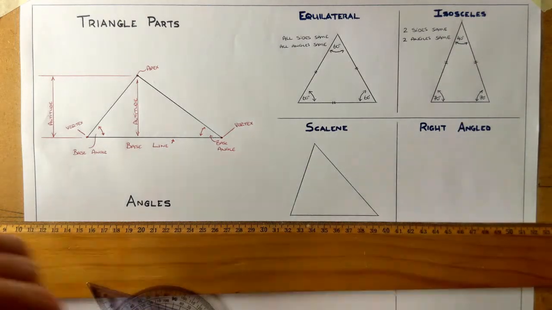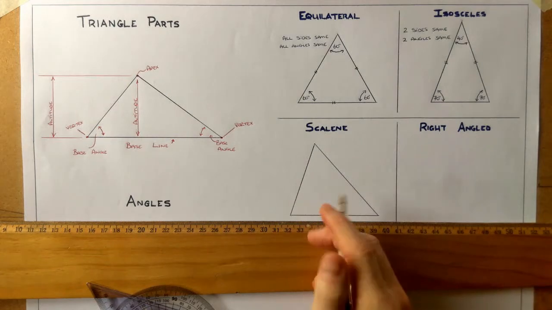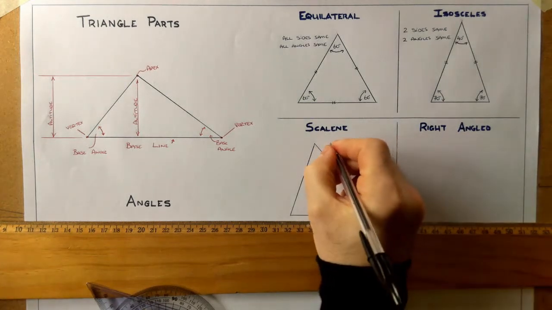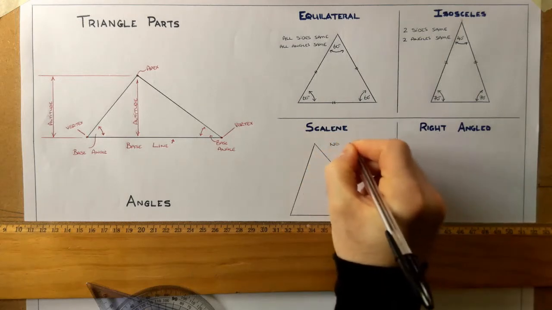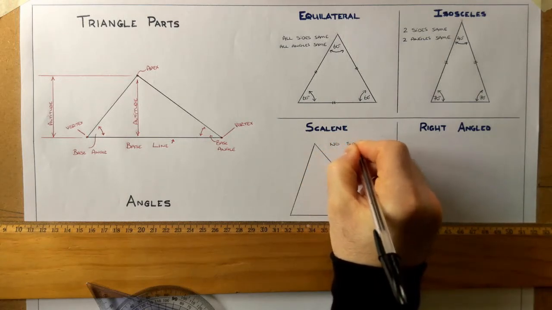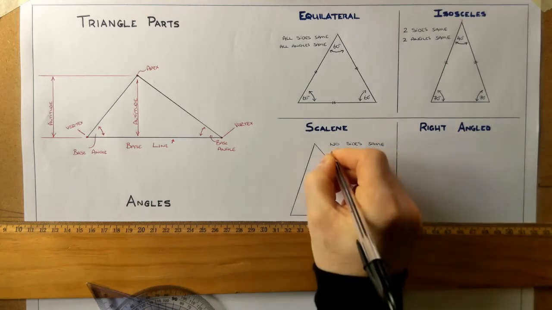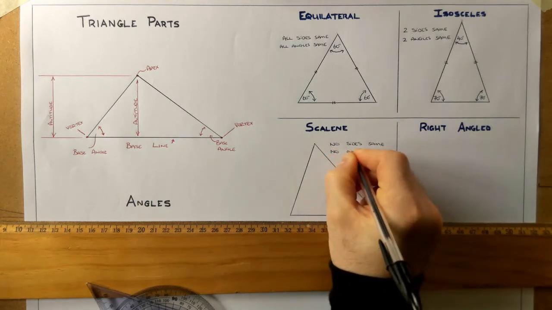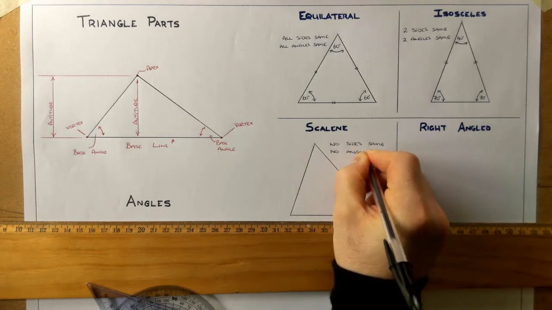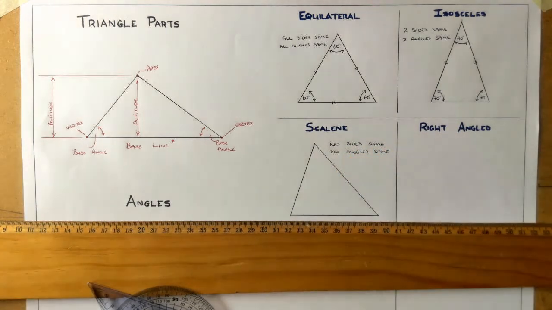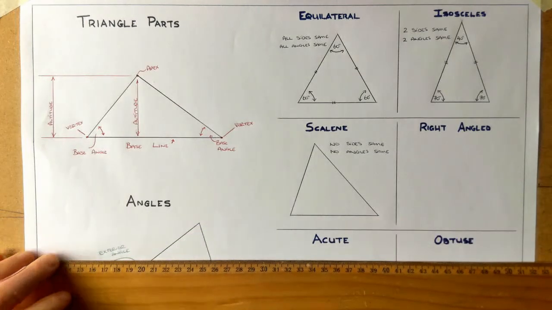So a scalene, no angles are the same, no sides are the same length. Every one of these sides is a different length, okay? So in this one, no sides same, no angles same. Okay? So none of the sides and none of the angles are the same.